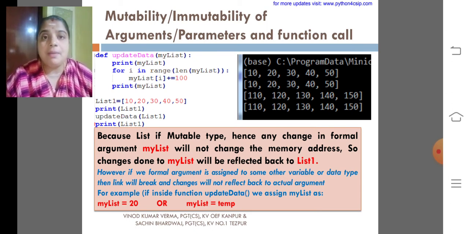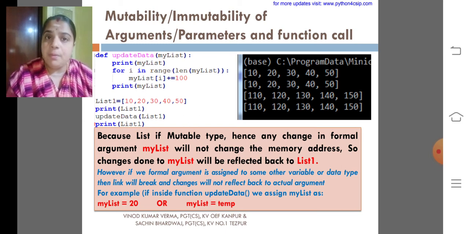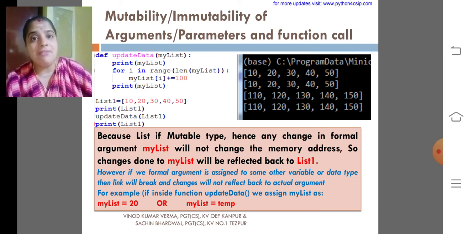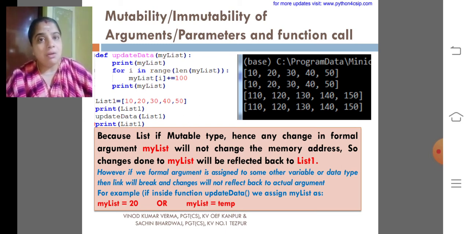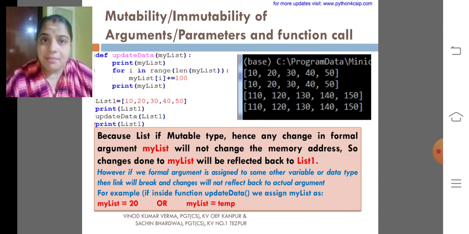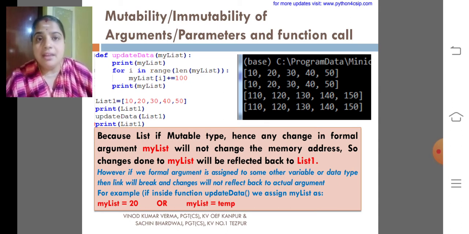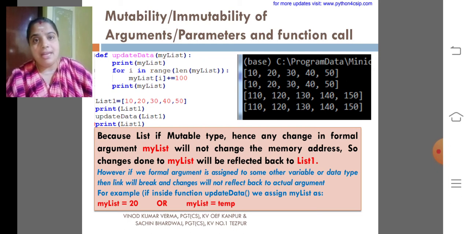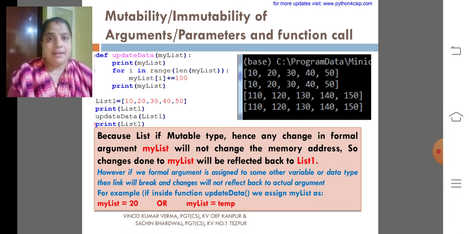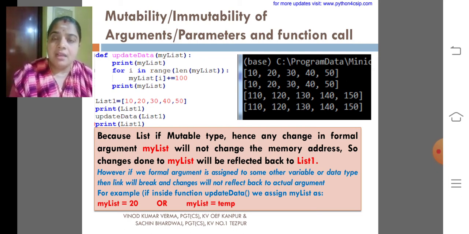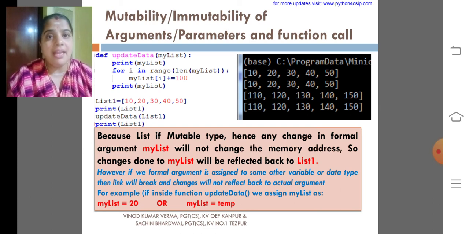Again we are trying to print the same list. So in the output we will get 10, 20, 30, 40 and 50 on the output screen, which is given in the black color. Then I am trying to update my list by incrementing each one of the list elements by 100. So the 10 will be updated to 110, and 120, 130, 140 and 150 will be the list elements.